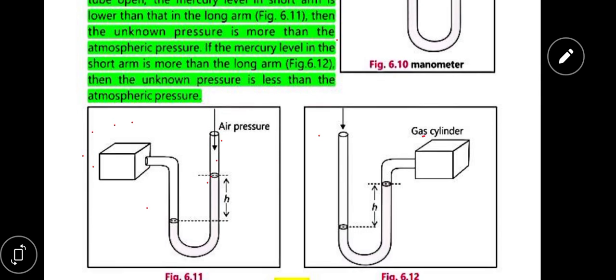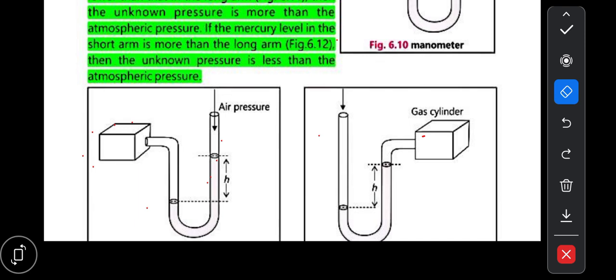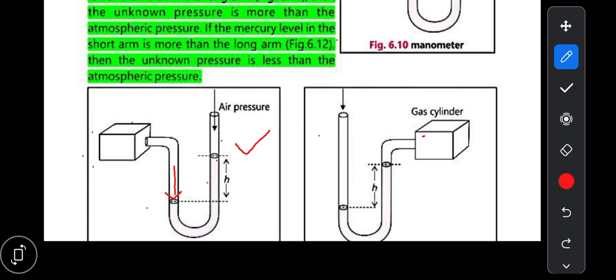You can notice that after a few minutes, the level of mercury at this point will start to decrease as compared to this tube level.